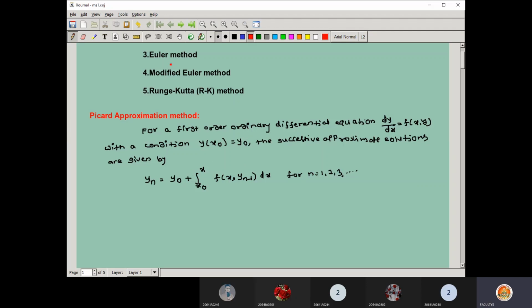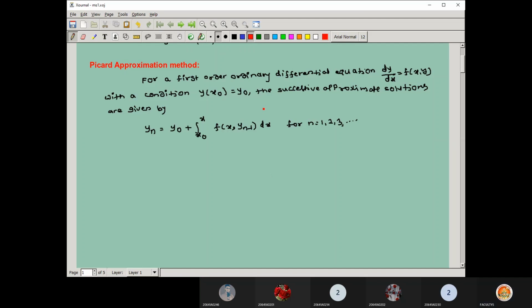For a first order ordinary differential equation, dy by dx equal to f of x comma y with a condition y of x naught equal to y naught, the successive approximate solutions are given by, so in the next line you make a statement yn equal to y naught plus integral over x naught to x f of x comma y n minus 1 of dx for n equal to 1, 2, 3 and so on.